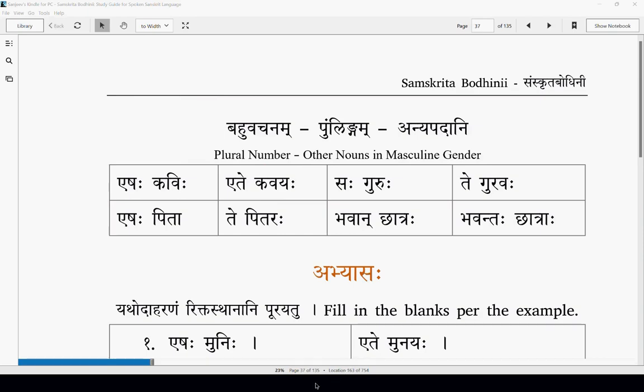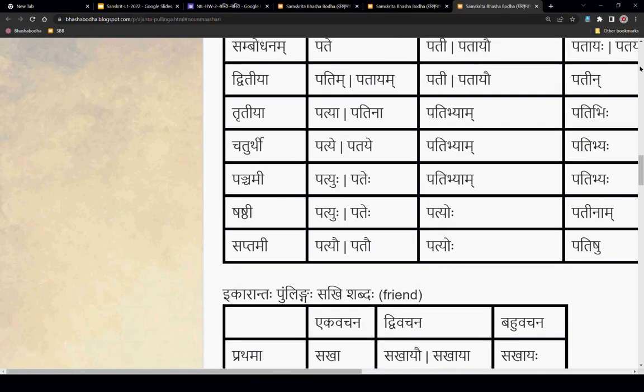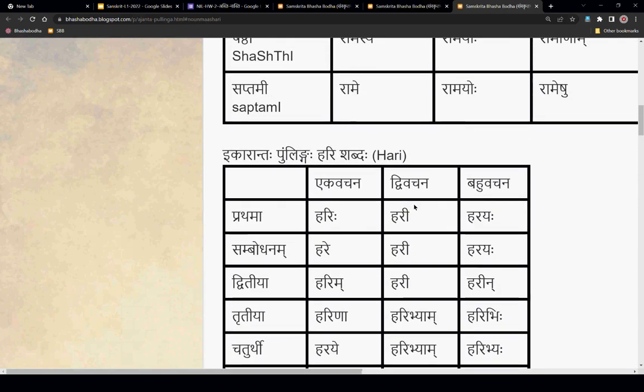You can look at the table here. The short ones, like Hari is there, like Kavi, Ravi. There are two poets, and Kavi like this. There is no Visarga, just Kavi, and Bahuvachanam is.